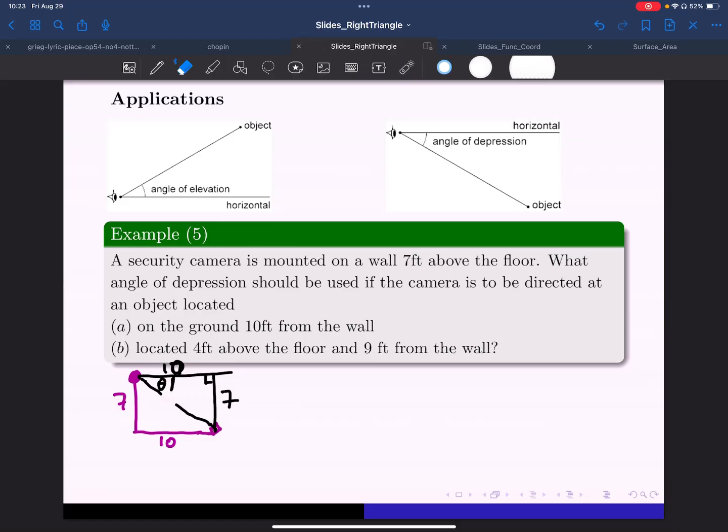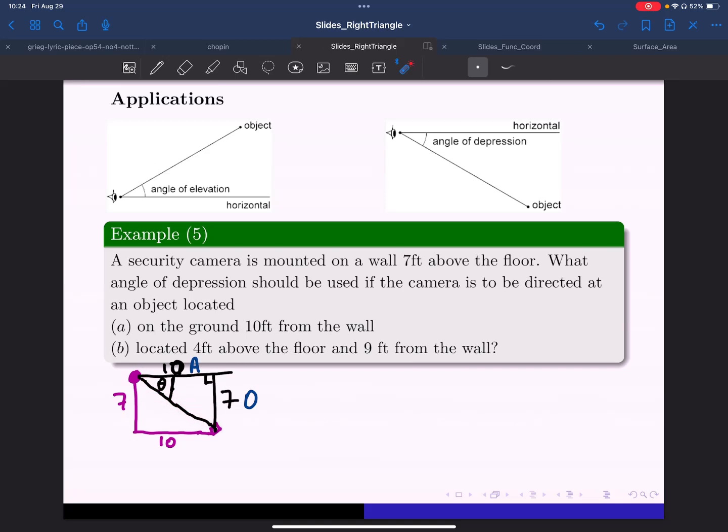So let's label them first regarding this angle. Regarding this angle, this is my opposite, so this is going to be called opposite. And regarding this angle, this is my adjacent, so this is going to be called adjacent. And opposite the right angle, the longest side is always the hypotenuse, but it's not given.